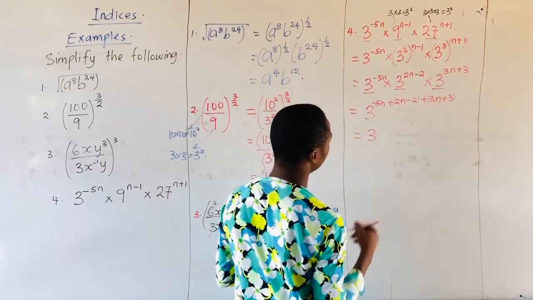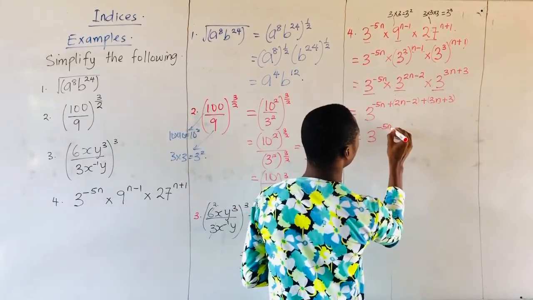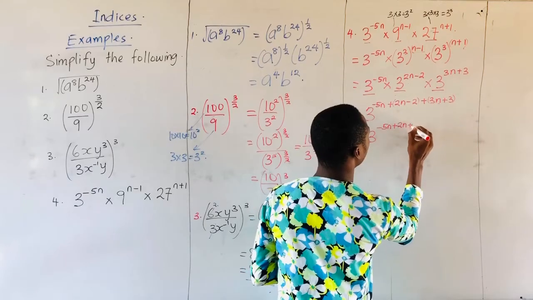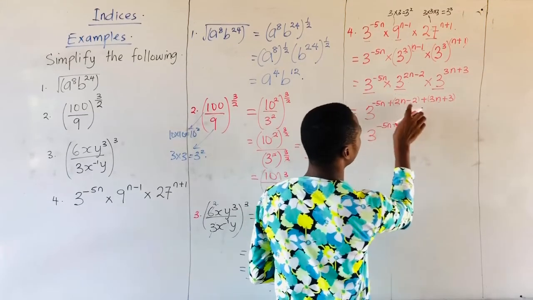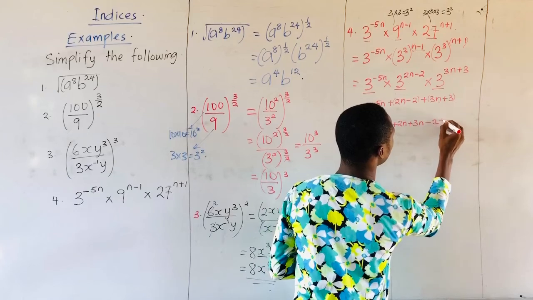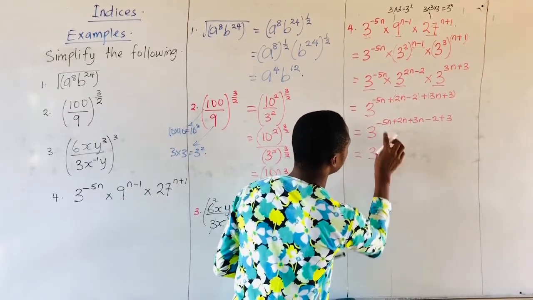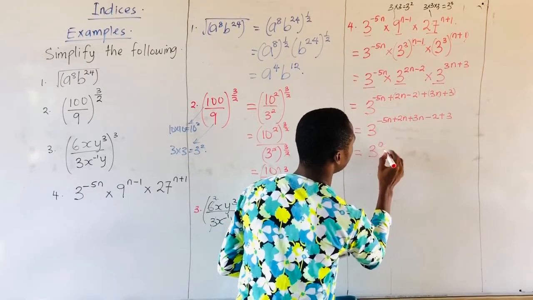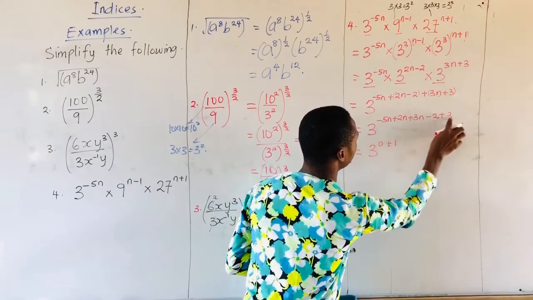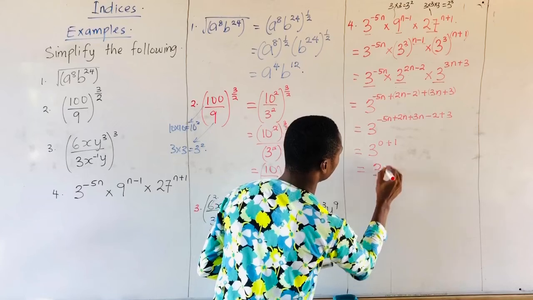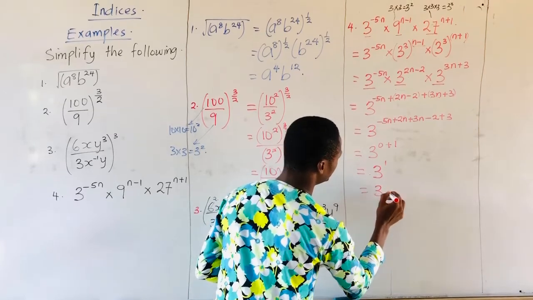Let's put them together. So we have negative 5n plus 2n plus 3n. Then for the numbers, we have negative 2 plus 3. This will give us 3 raised to the power, all this will give us 0 plus 1. So we have 3 raised to the power 1, which is equal to 3.